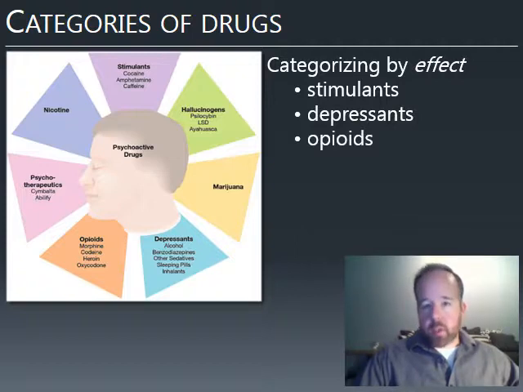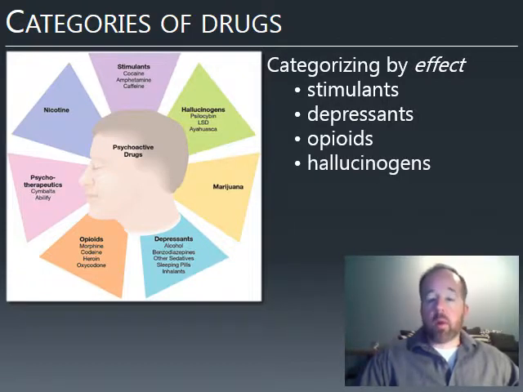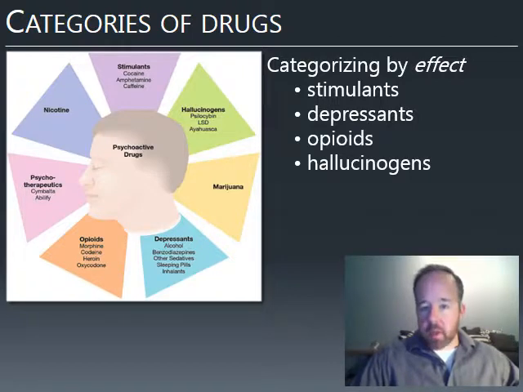There are opioids, and opioids are called opioids because they're chemical derivatives of opium and the chemicals contained in opium. And we'll talk about that. We have a whole unit on opioids. But these are pain relieving agents. There are hallucinogens. So these, as the name suggests, produce things that are technically not hallucinations. They're more sensory modifications, but they're called hallucinogens, so we'll go with it.